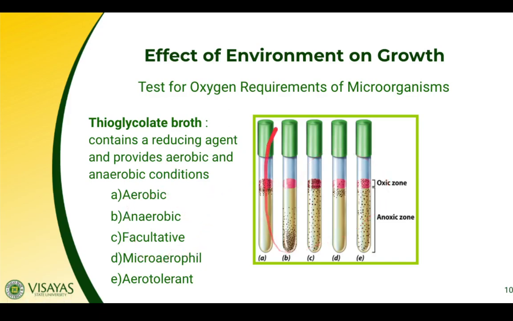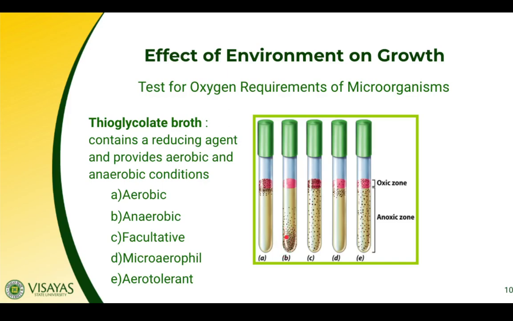When you culture them in a thioglycolate broth, if you see that the microorganism has grown more at the bottom of the test tube, then you could say that the microorganism is probably anaerobic, meaning they don't need oxygen for their growth.